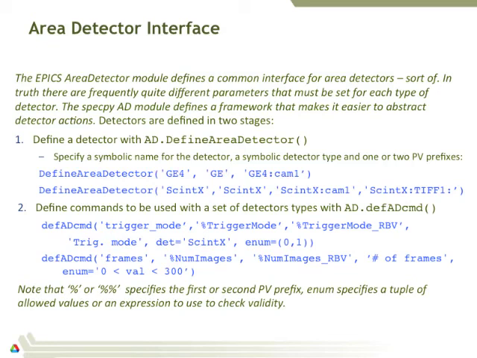So by doing that, you define a series of commands that each area detector is going to be able to work with. If you don't define a command for an area detector and you try to use it, it will be ignored, and you'll see why that's useful.